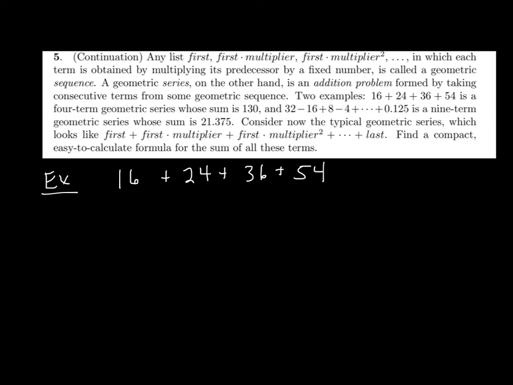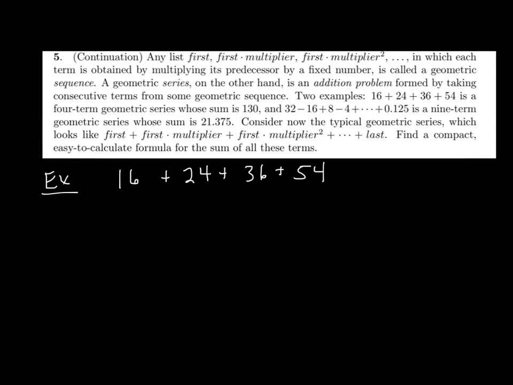So first of all, what's a geometric sequence? What does that mean we're doing? Multiplying everything by something, right? So in this series here, we go from 16 to 24. What are you multiplying the 16 by to get 24? 1.5.